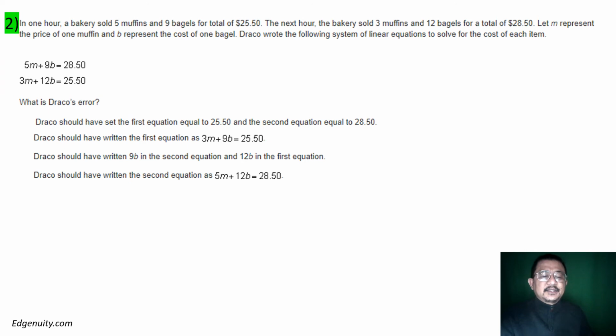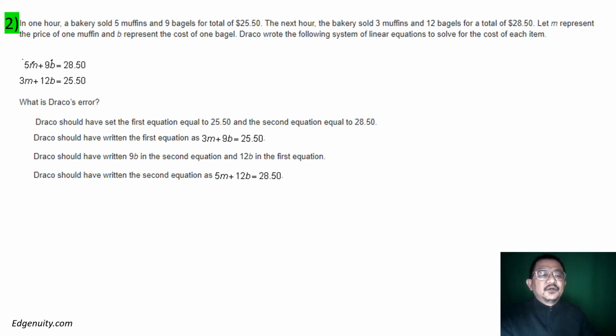Okay, next, second problem. In 1 hour, a bakery sold 5 muffins and 9 bagels for a total of $25.50. In the next hour, 3 muffins and 12 bagels for $28.50. Let M represent the price of a muffin and B the price of a bagel. Drago wrote the system of equations. Oh, thank you, the equation is already there. 5 muffins, 9 bagels, that's the amount.